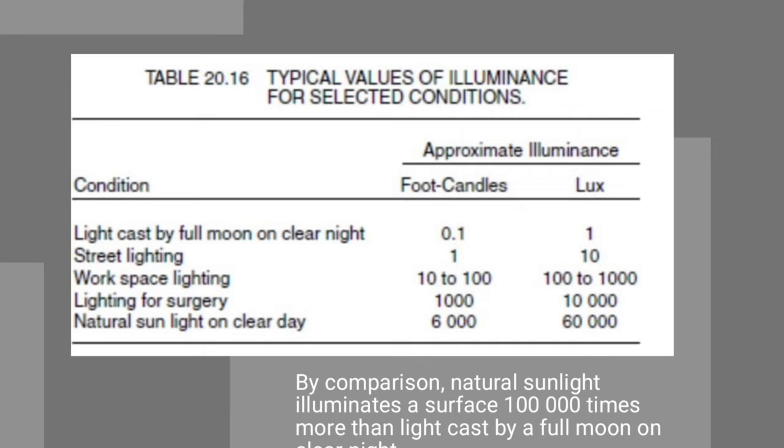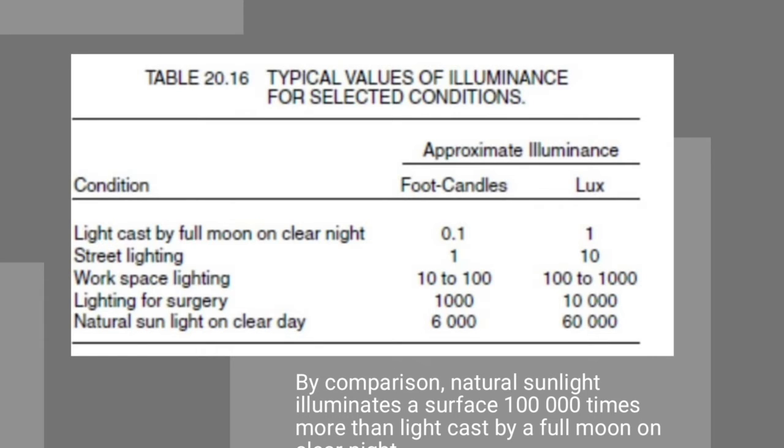So, some of the conditions are light cast by a full moon on a clear night, 0.1 foot candles, 1 lux; street lighting, 1 foot candle, 10 lux; workspace lighting, 10 to 100 foot candles, 100 to 1000 lux; lighting for surgery, 1000 foot candles, 10,000 lux; natural sunlight on a clear day, 6,000 foot candles, and 60,000 lux.